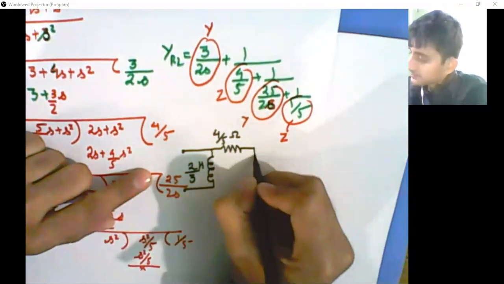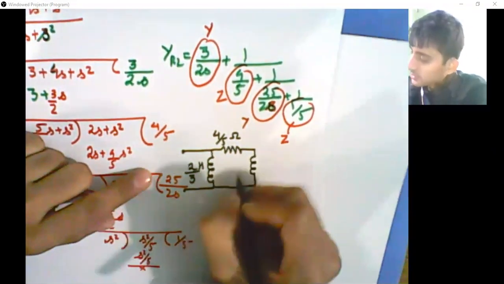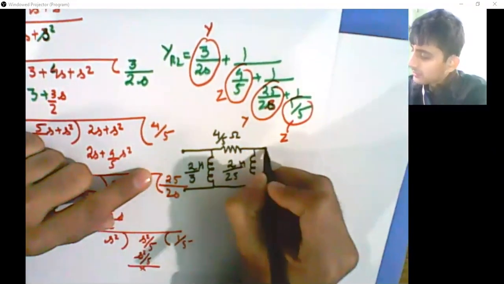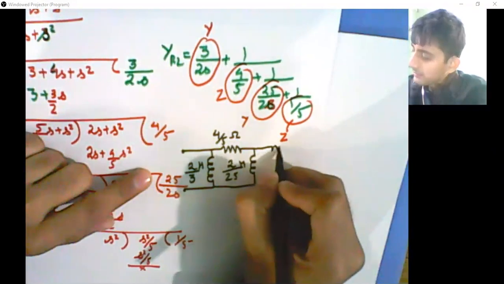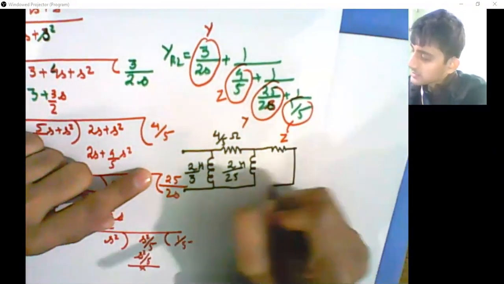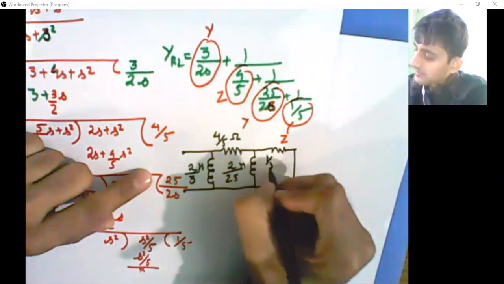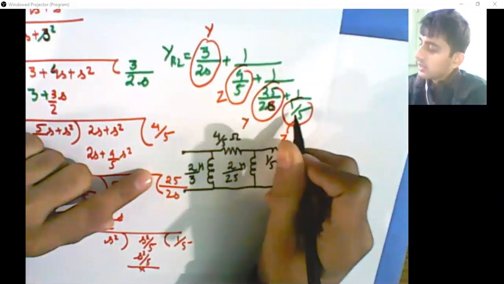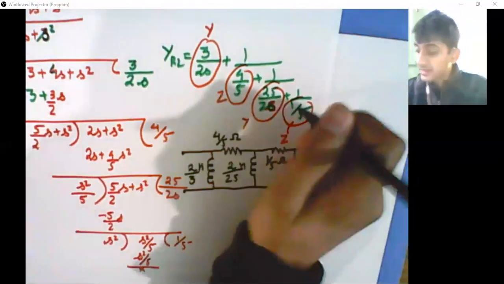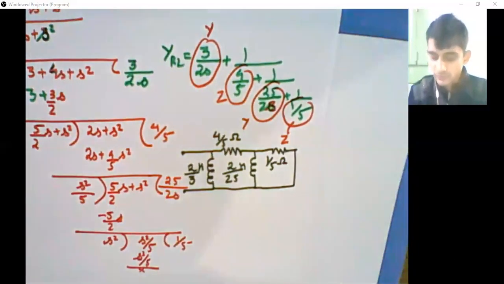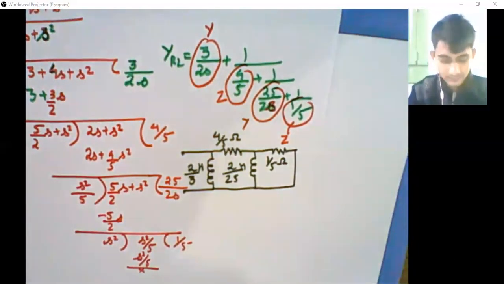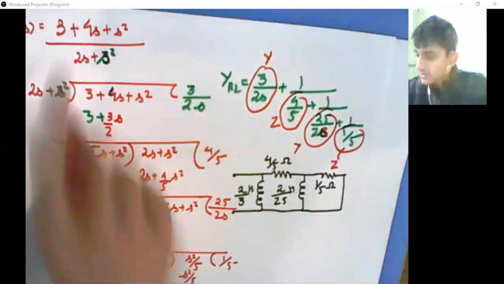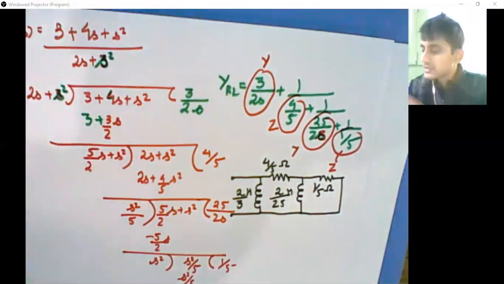Then again 2 by 25 Henrys of inductance, and then 1 by 5, I can just complete it, 1 by 5 ohms of impedance because this is Z. So 1 by 5 ohms I will write directly. And this, because I eliminated the lowest degree, is the Cauer 2 form.